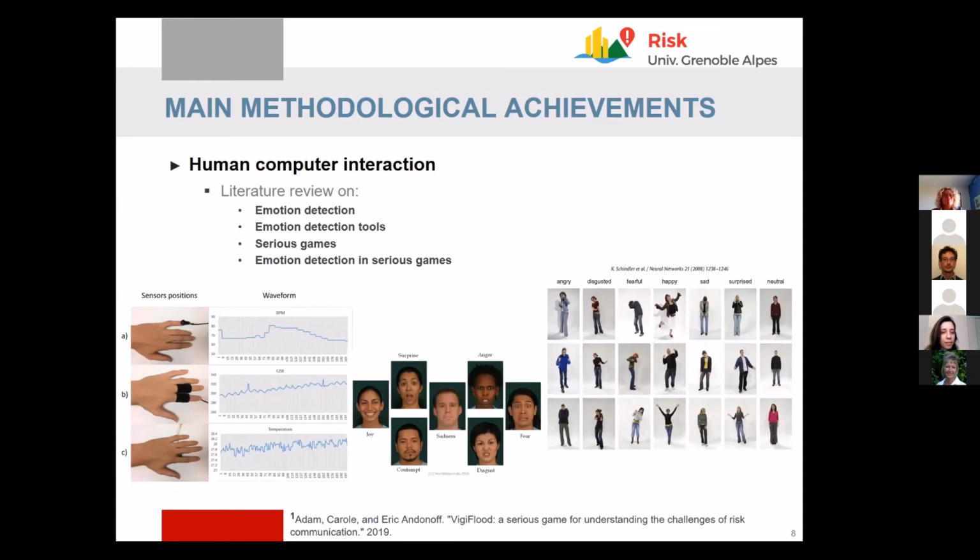We looked into different emotion detection tools, and for our applications, we studied different serious game design frameworks and how we can do emotion detection in serious games.